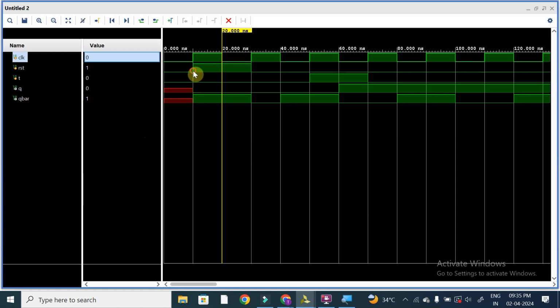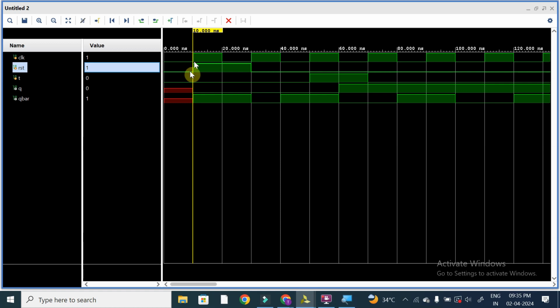But here, as soon as we are applying the reset condition, the always block is not waiting for the negative edge of the clock. It is making output Q to 0 and Q bar to 1. So this is the working of synchronous and asynchronous reset design.